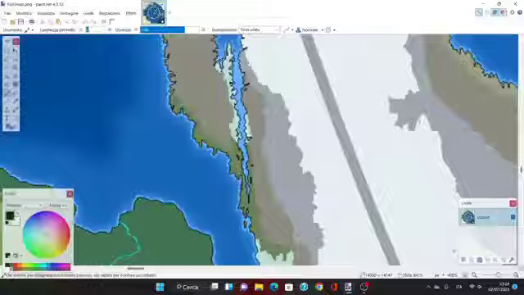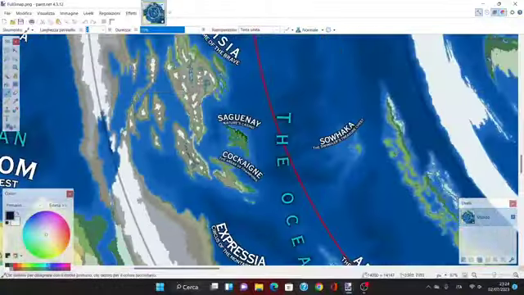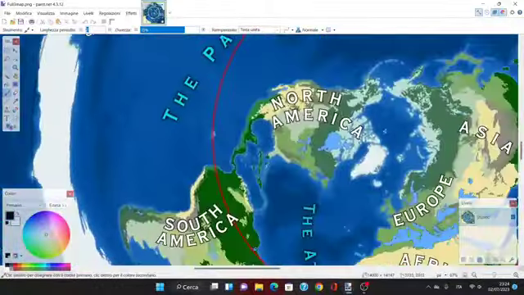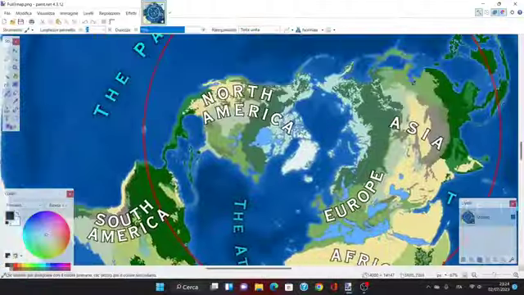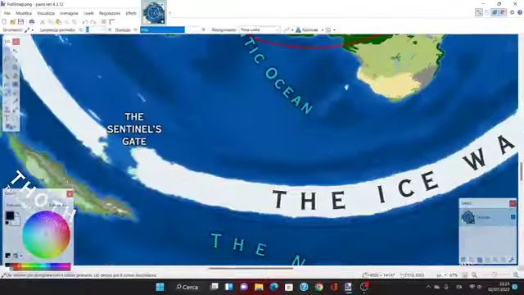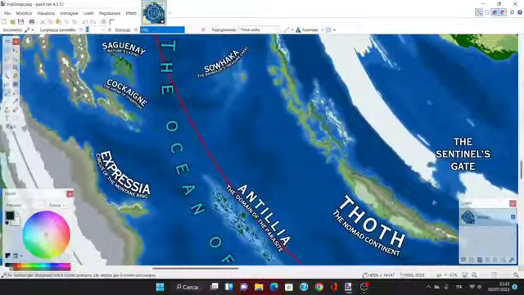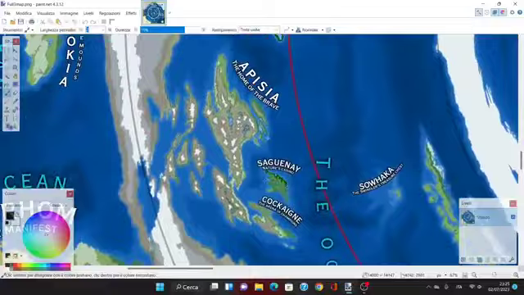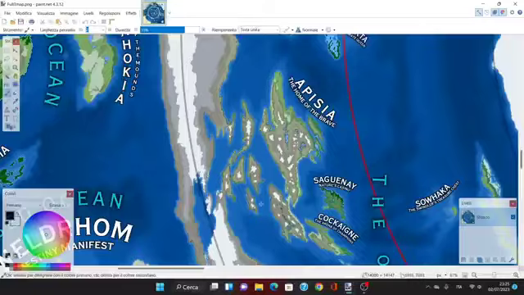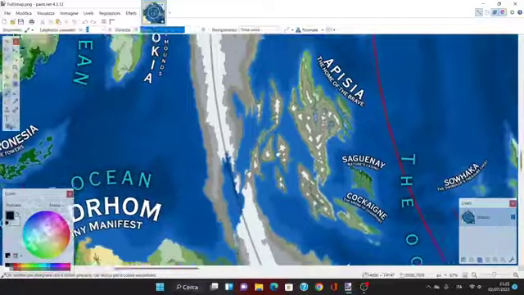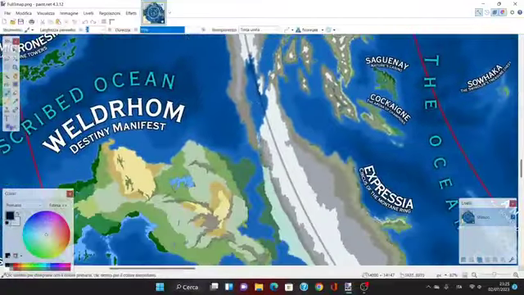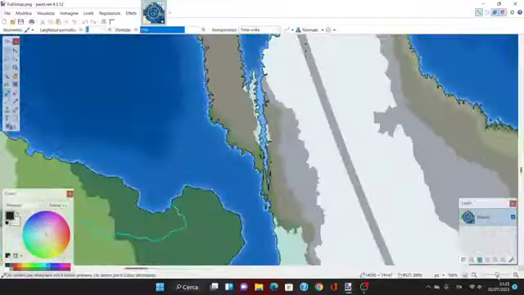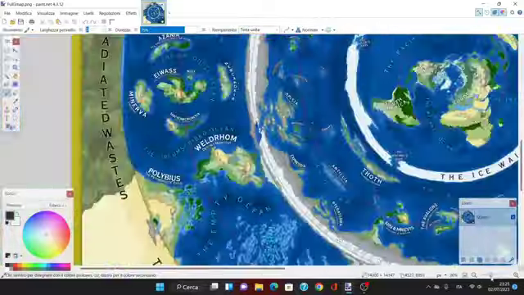So this is the only actual place you can probably go boat to boat from the center of the world, so Europe, North America or something like that, Africa, don't know, don't care, and then out of it through the Sentinel's Gate, and then land on Thoth if it is there, since it is a nomad continent, then reach places like Cocaine, Expressia, Saguenay, Apisia, and then circumnavigate Apisia and get into these islands, and finally you can go in this strait and exit it, and finally find yourself in the second ring.